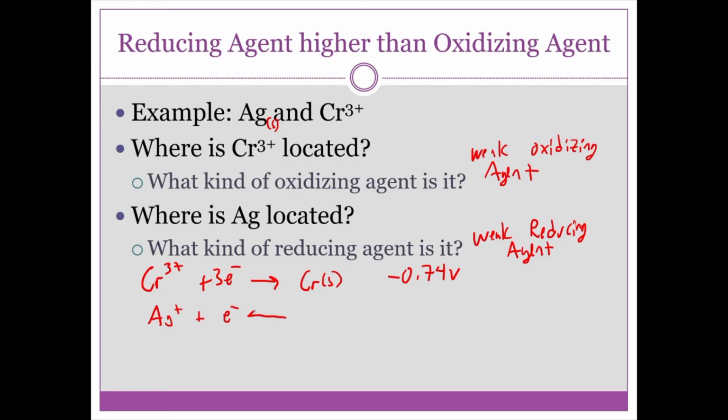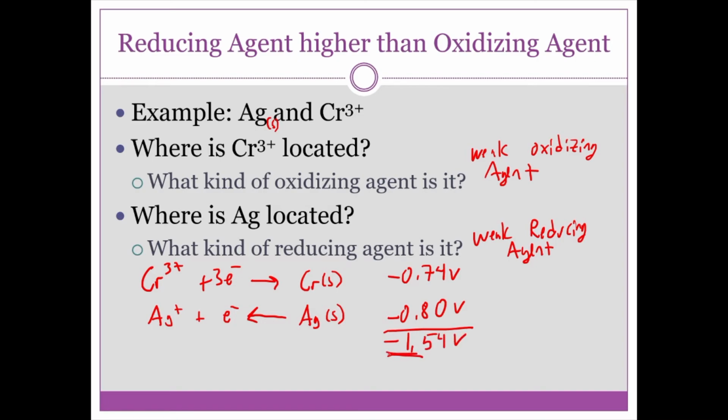We want to go the reverse because we're given solid silver. So this is the oxidation reaction of silver, and this has a voltage of, normally it'd be plus 0.8, but because we're going in reverse, it's a negative 0.8. So this reaction has a total voltage of negative 1.54 volts.